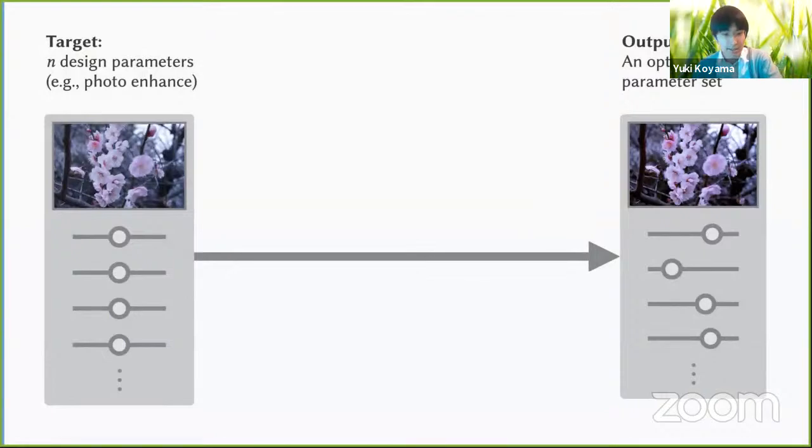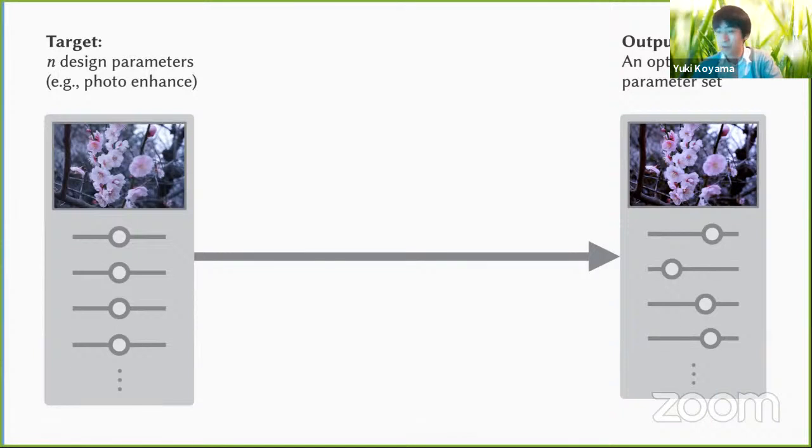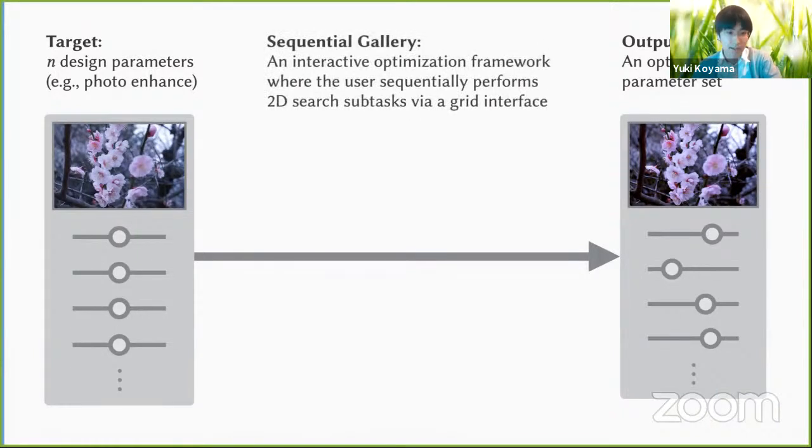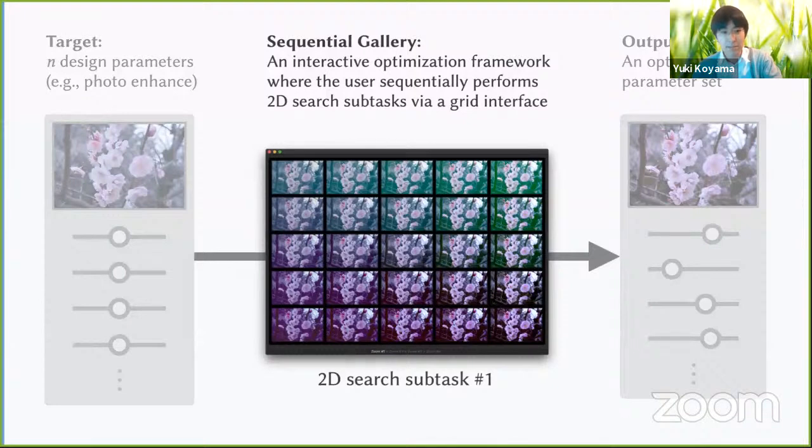Our target is a set of design parameters, and we want to find an optimal parameter set that provides the best look. The Sequential Gallery is an interactive optimization system that can be used for this kind of parametric design problem. First, the system shows options to the user using a grid interface like this one, and then asks the user to choose the best option in this grid based on the user's preference.